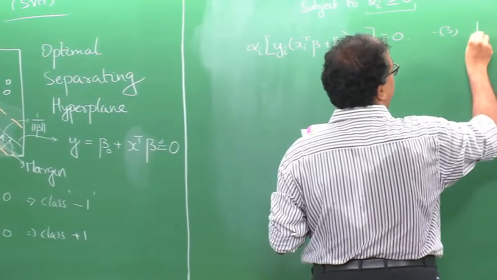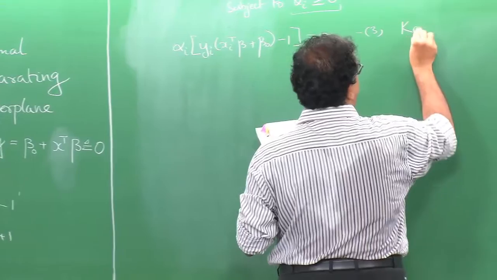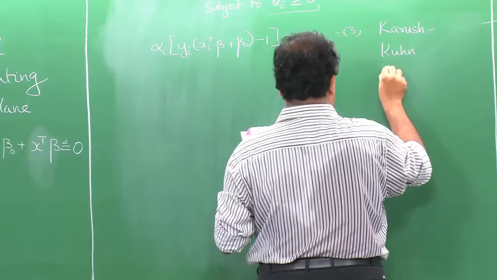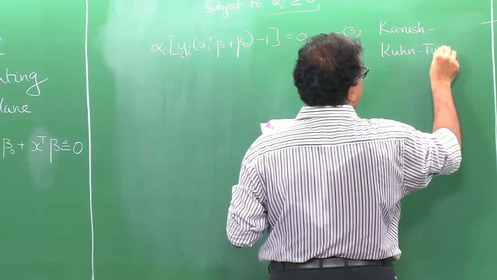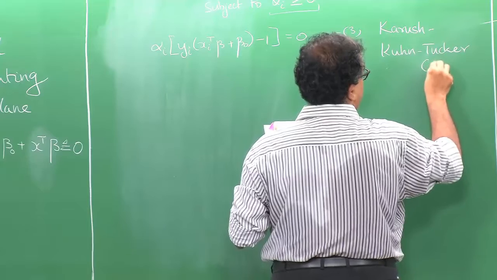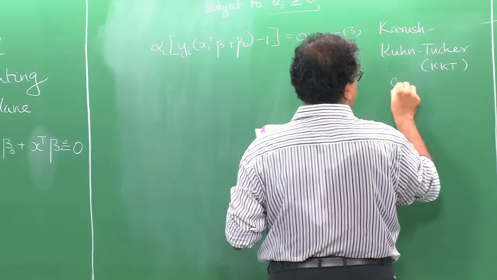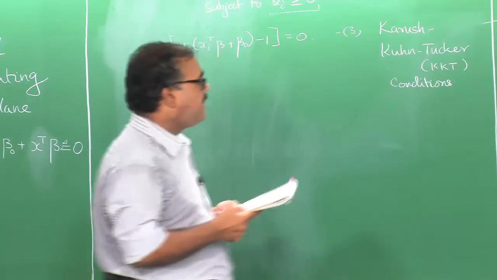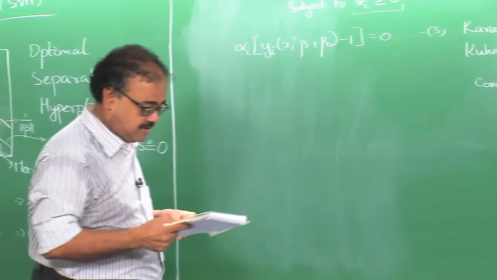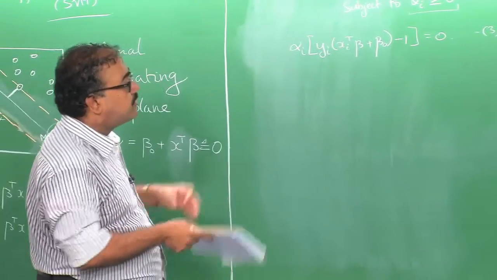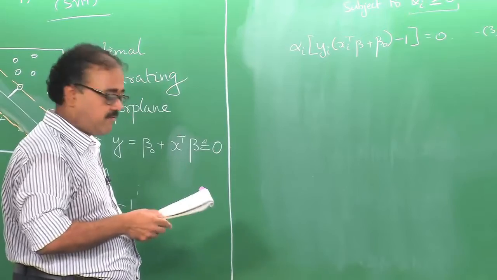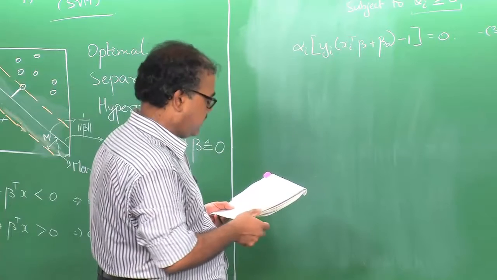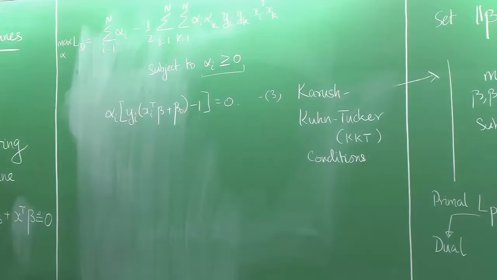These are called the KKT or the Karush-Kuhn-Tucker conditions. And so, for the optimization problem to have the same solution, we require that the KKT conditions should be satisfied.